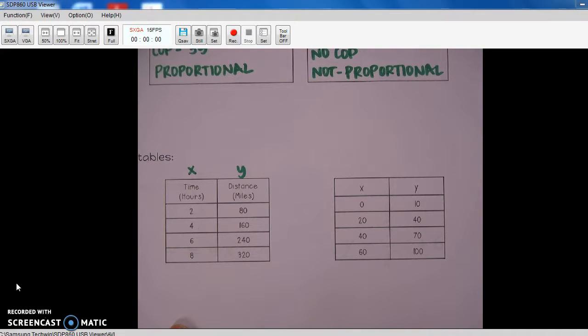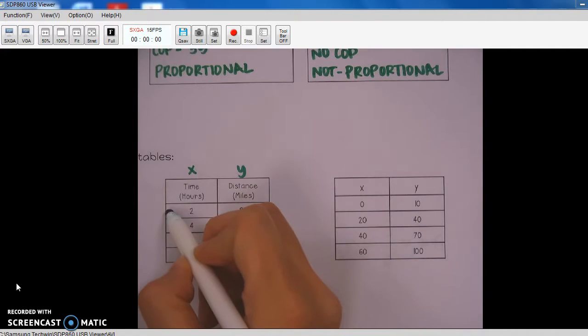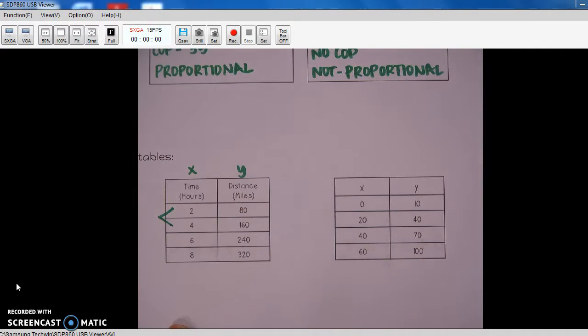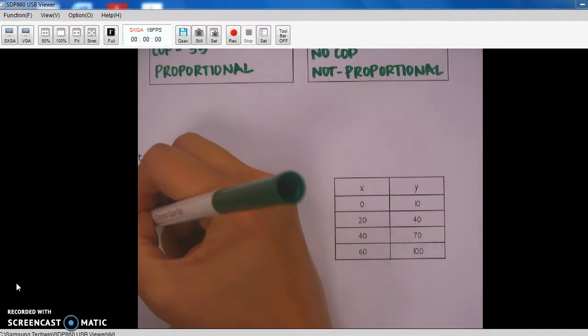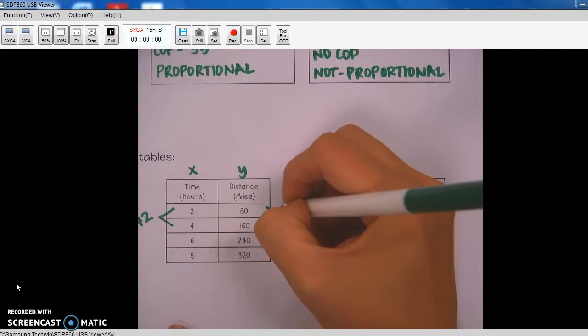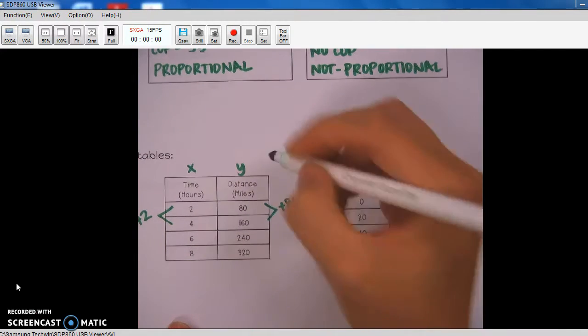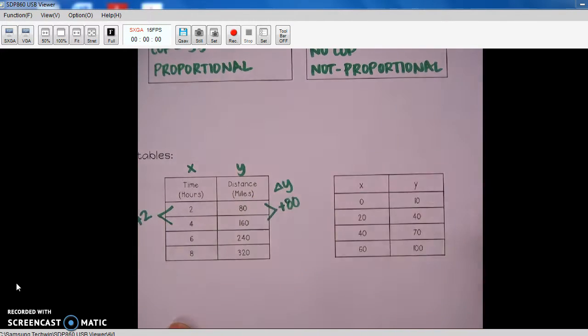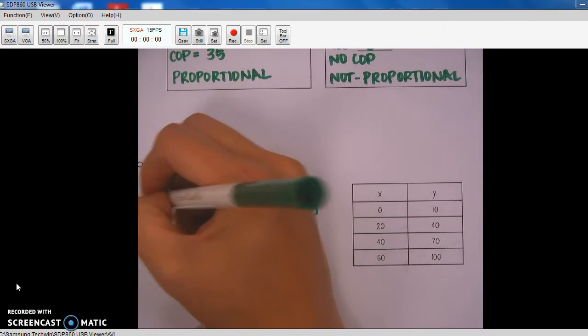So I'm just going to start by finding my differences. On the left side of my table, my x values from 2 hours to 4 hours are increasing by 2. And then from 80 to 160 miles is increasing by 80 miles. So this is my change in my y values. This is my change in my x values.